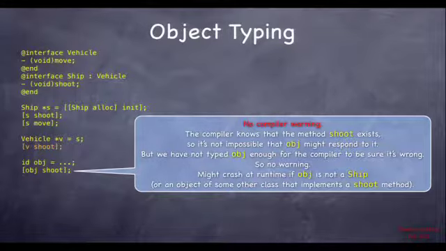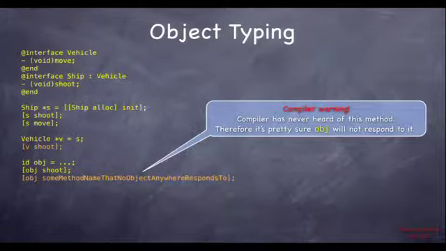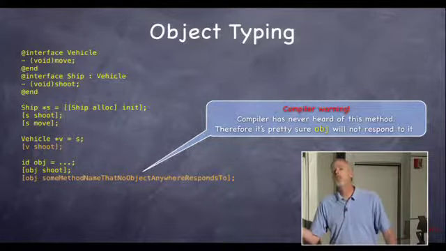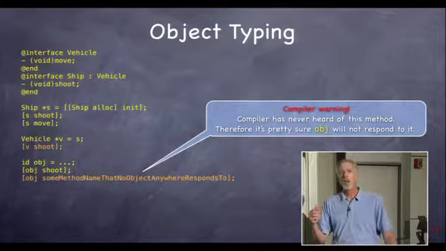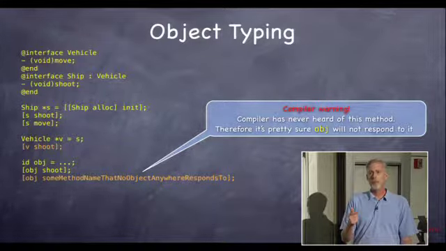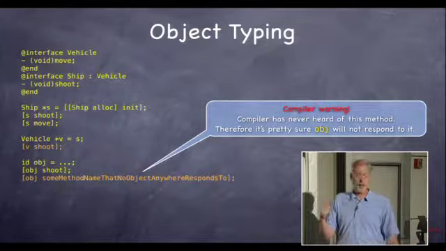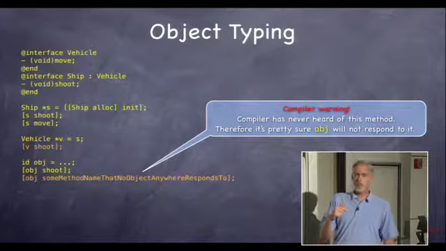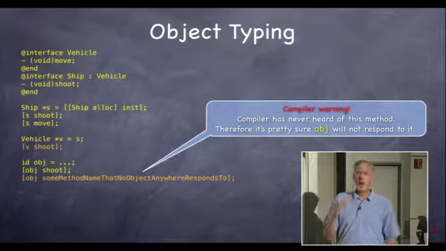So that would not give an error, and it might or might not crash at runtime, depending on whether that object, whatever class it is, understands the message shoot. What if I said object, some method name that no one responds to, some random garbage? That it would complain about, because the chances that obj really implements that method is next to nil. No pun intended.